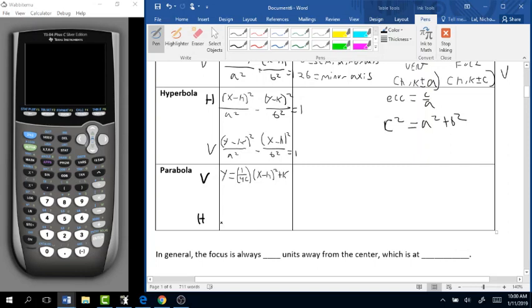And for the horizontal, it's going to be x = (1/4c)(y − k)² + h. And in this case, c is equal to the focal length. All right, (h, k) is the vertex.